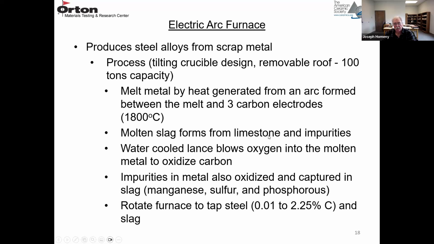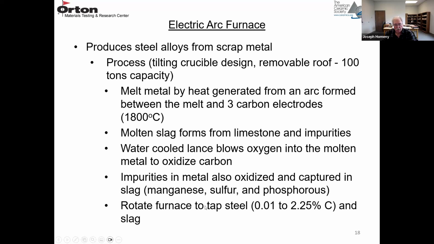Again, the molten slag forms from the limestone and whatever impurities are present. And if you have a great deal of carbon present in this scrap metal, you can use a water-cooled lance again to blow oxygen into the molten metal to oxidize some of that carbon. Again, you can oxidize and capture impurities like manganese, sulfur, and phosphorus in the slag.